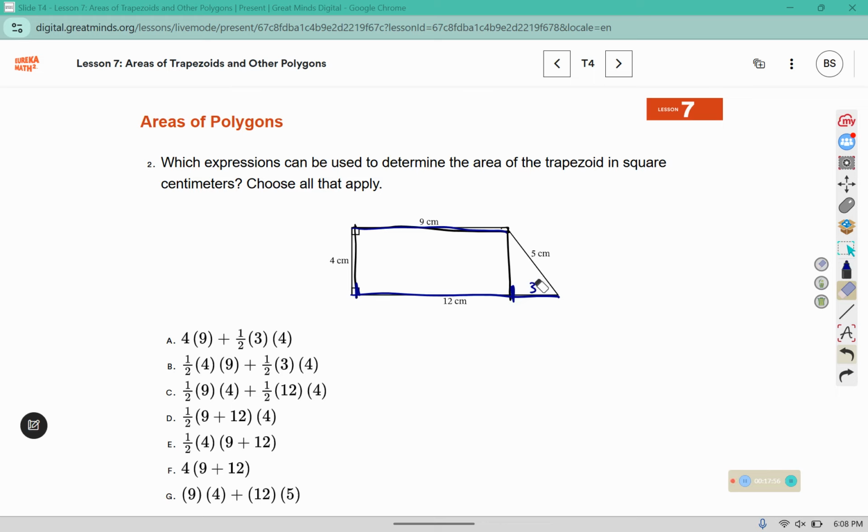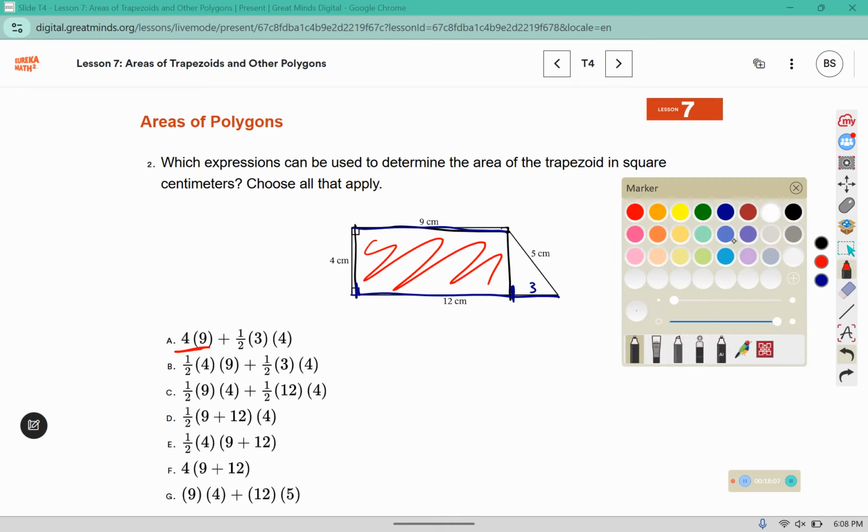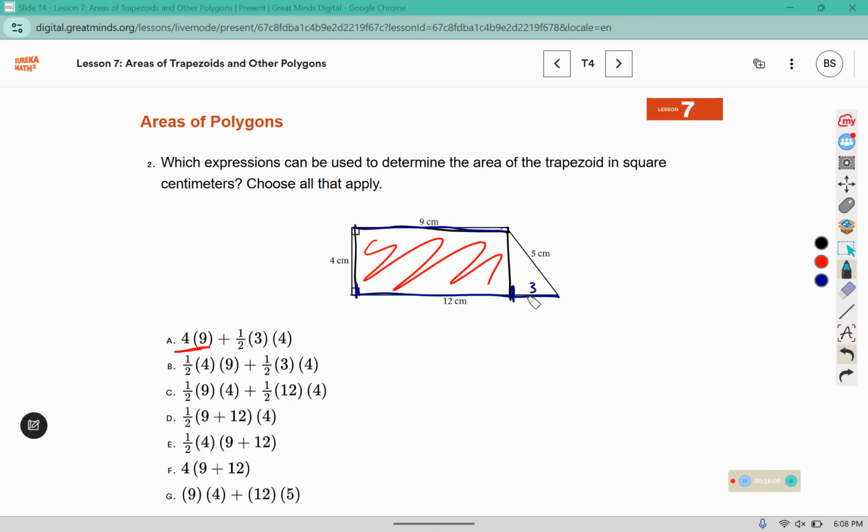So the triangle is a 3 by 4, and we have to split it in half. Here I see 4 times 9, which would be this rectangle piece. And half of 3 times 4, which would be the triangle piece. So A is correct.